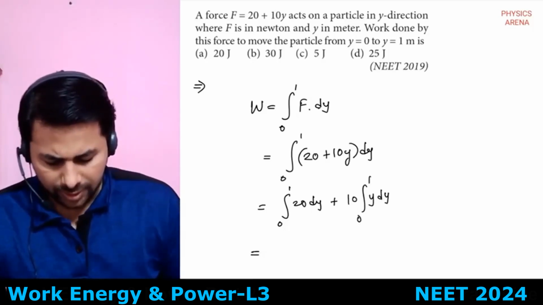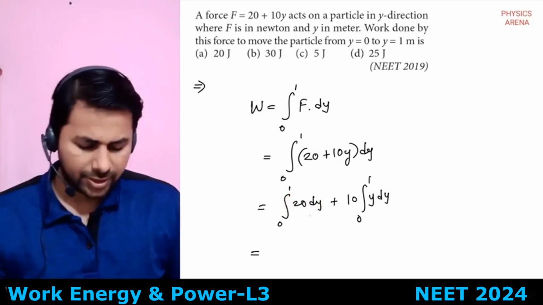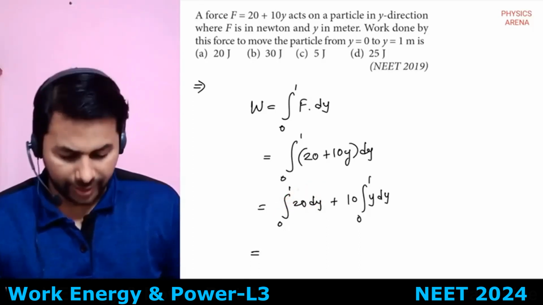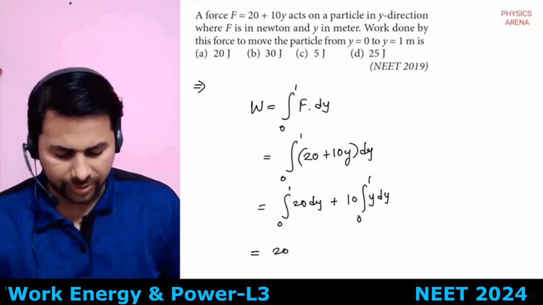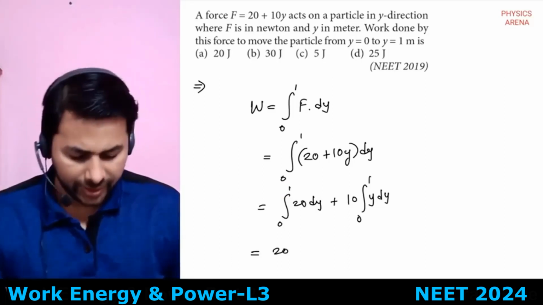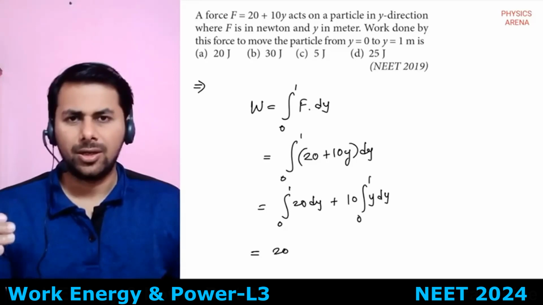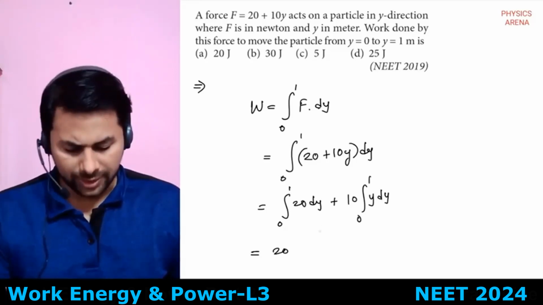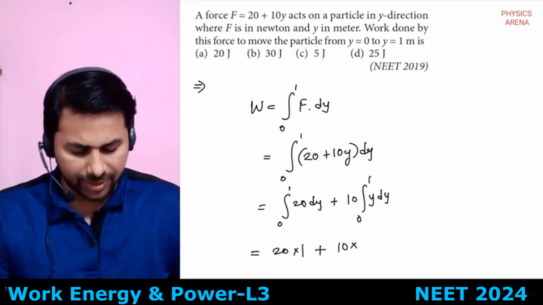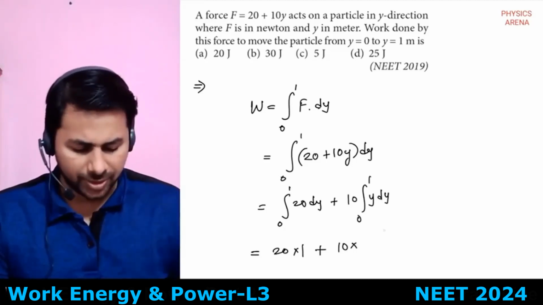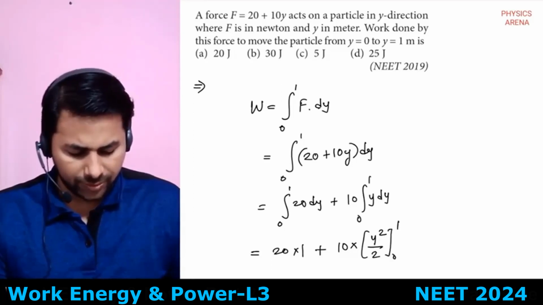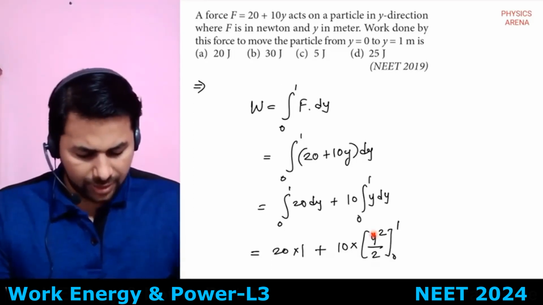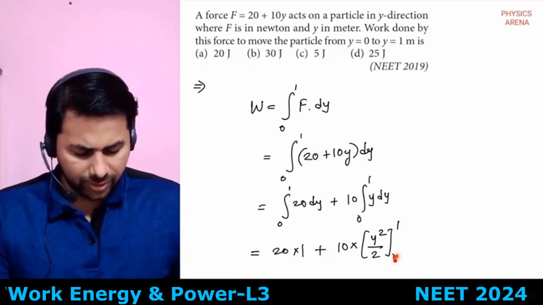So this one is just 20 times y and the final limit is 1. The integral of dy is y, final limit is 1, lower limit is 0. That means it is just 20, plus you have 10 multiplied by y square upon 2 from 0 to 1, upper limit 1, lower limit 0.